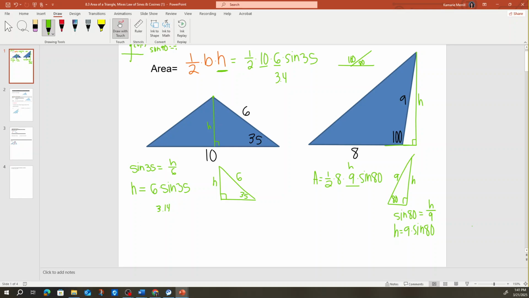By the way, will somebody put this into their calculator really fast and tell me what you got? What'd you say? 35.4. Okay, 35.4, but this doesn't help me.